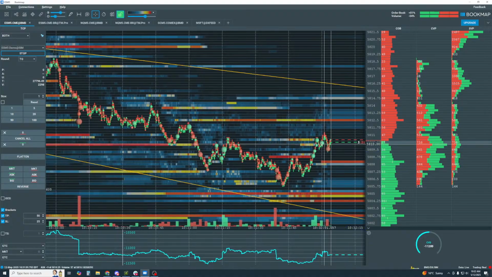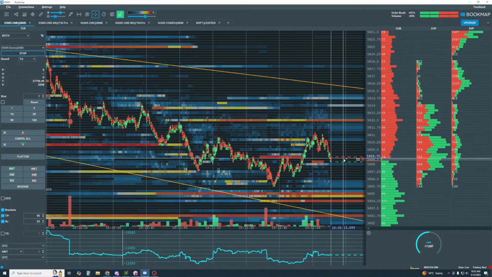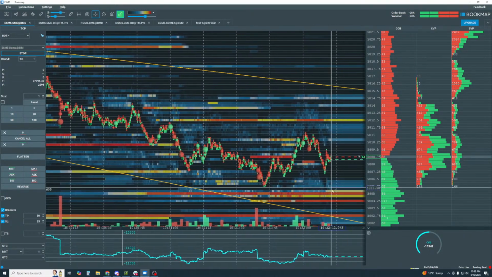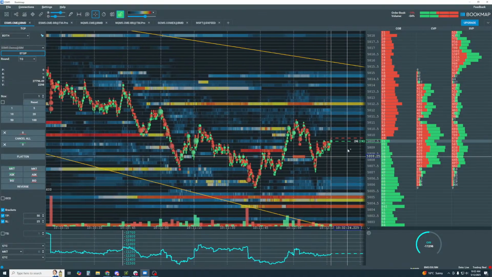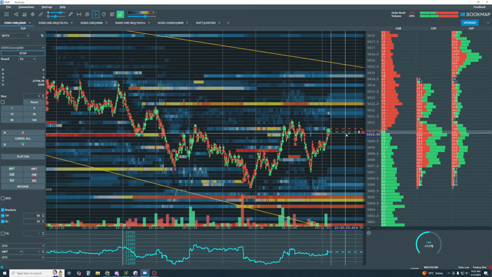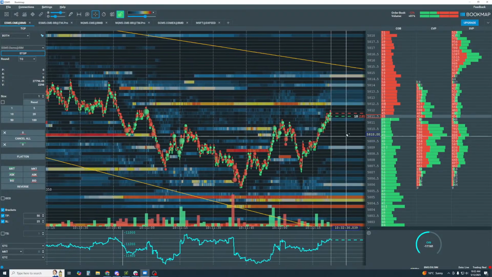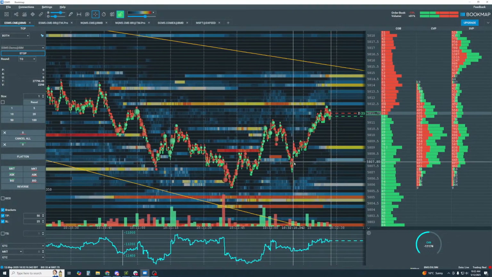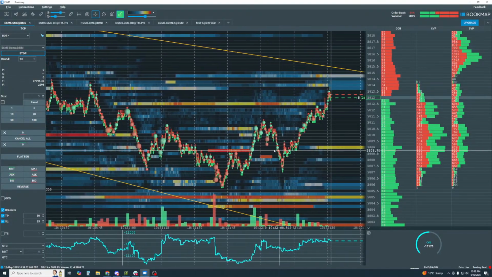Okay, so here, for example, let's see if we can get, that looks like low volume, right? Okay, so let's see if we can get, we're just kind of missing that. This was a little bit harder, the structure, because it went down below the structure here.